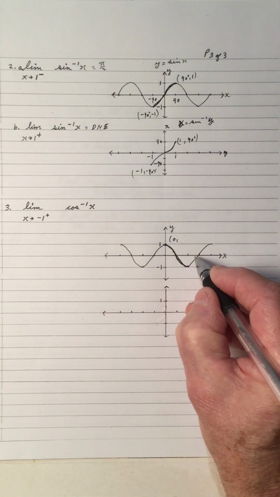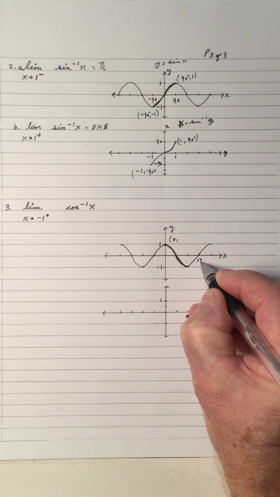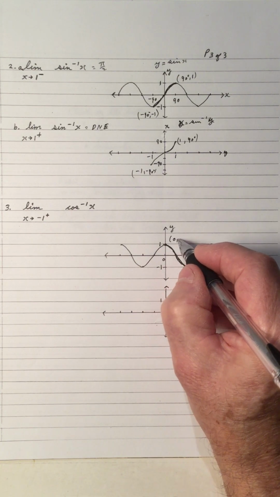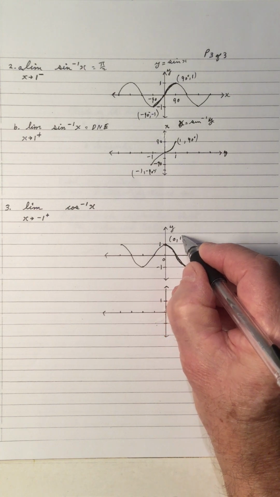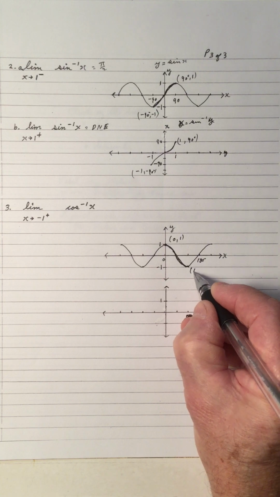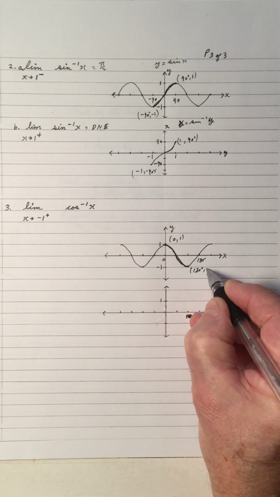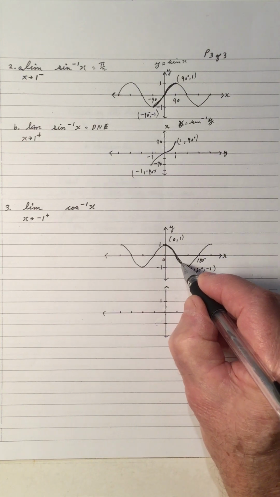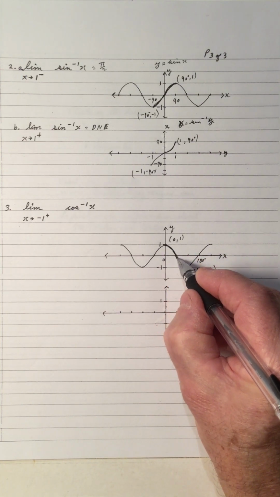This is 180 here. This is a 0. And this is a 1. So 0 gives me a 1. And 180 gives me -1. So when we do the restriction for its inverse, we look at this interval.